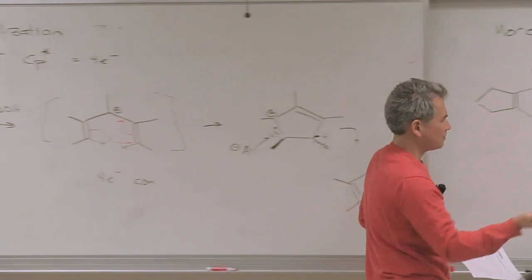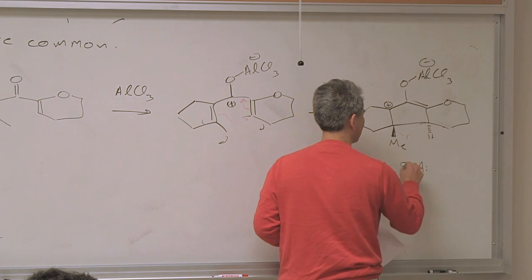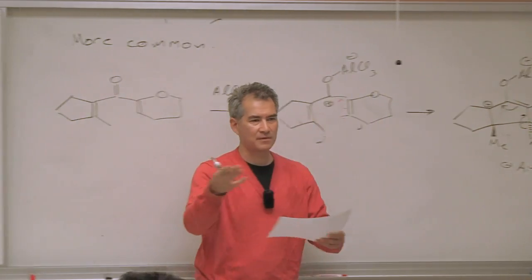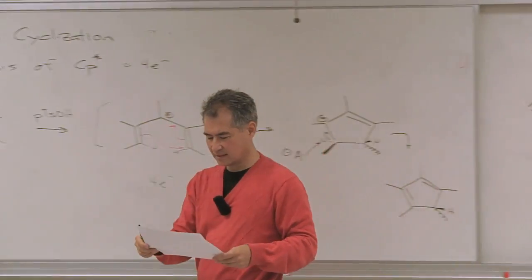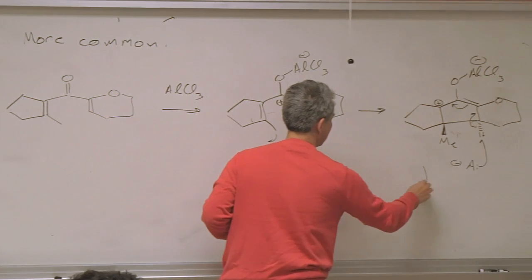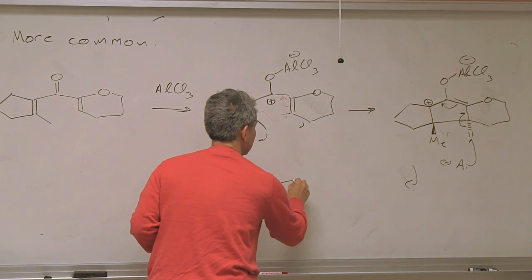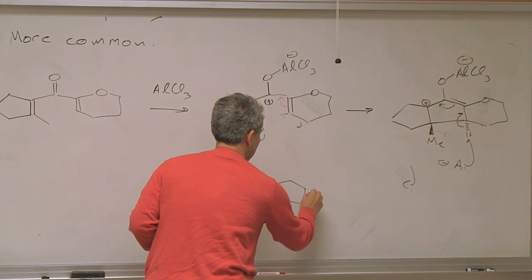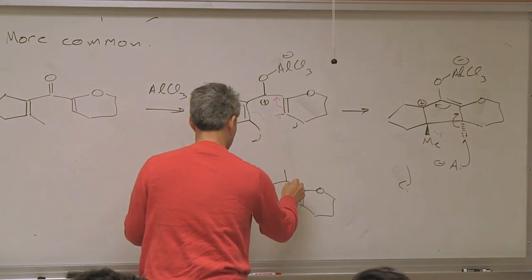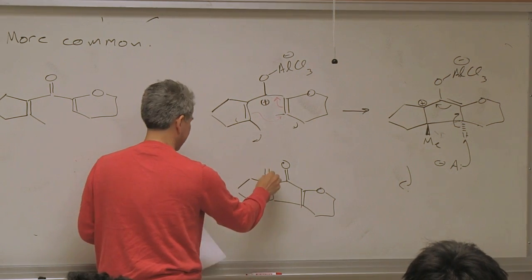And then you've got some sort of counterions floating around in your reaction mixture, and those can simply pull off the proton in order to give you your next intermediate. So the final product of these types of Nazarov cyclizations are enones. If you walk through all the arrow pushing here, the enolate, you don't isolate the enolate, it gets protonated.